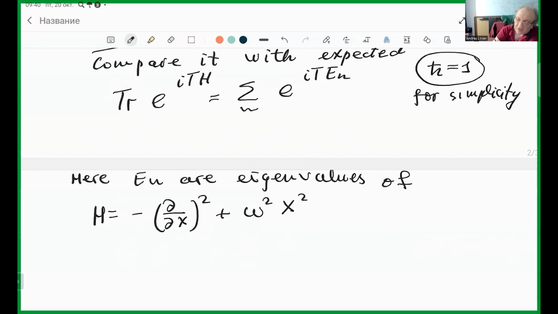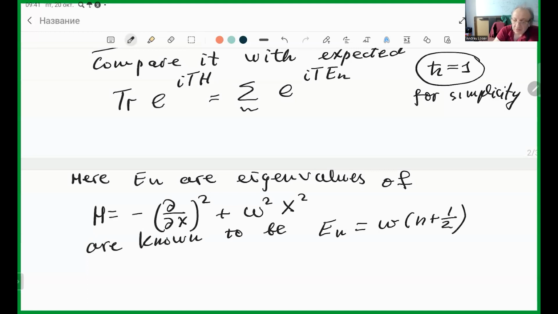Okay, so eigenvalues of the following operator are known, and we discussed it last semester, to be omega, sorry, okay?